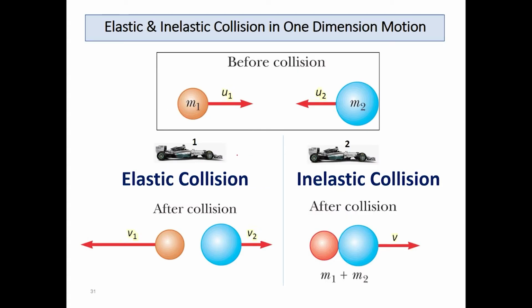So the difference between elastic and inelastic collision is what happens after collision. If after collision the objects move with different speeds and bounce off each other, this is an elastic collision. If after collision the objects move with the same speed and stick together, this is an inelastic collision.